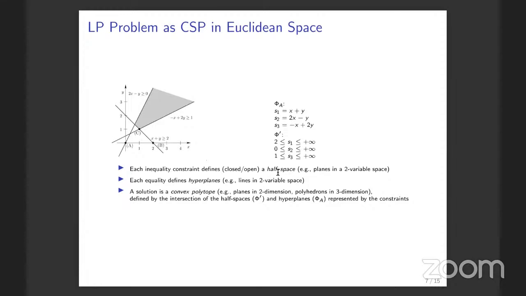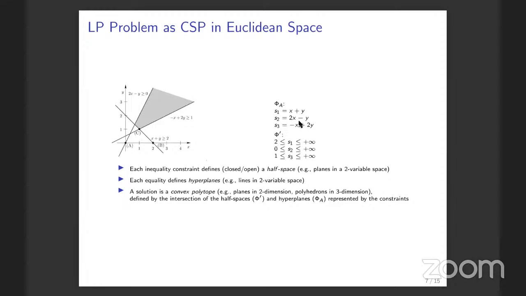In two-dimensional space, each inequality defines a half plane; in multi-dimensional space, you call them half spaces. Here the problem has two variables, so we are using two-dimensional space.